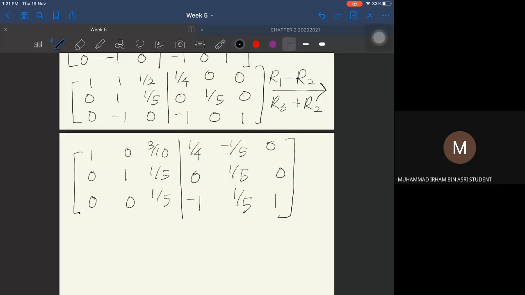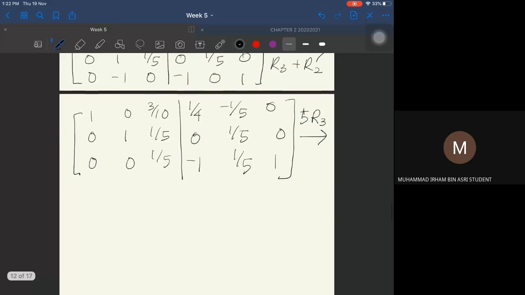Okay. The next step nak buat apa? Kita nak jadikan ni 1. So macam mana nak jadikan dia 1? Kali dengan 5. Ya, sekali dengan 5. So your equation will be 5 R3. Okay.